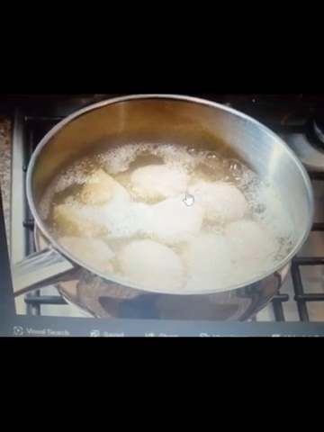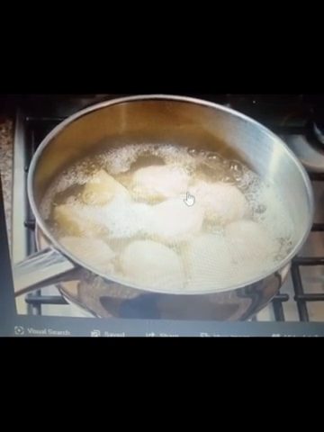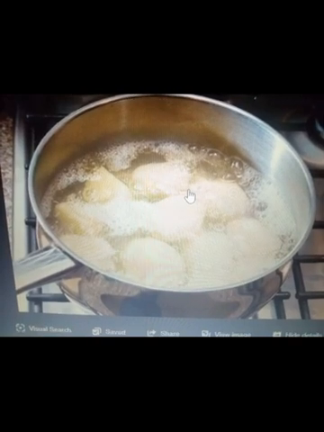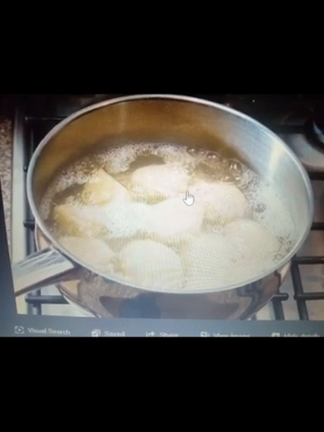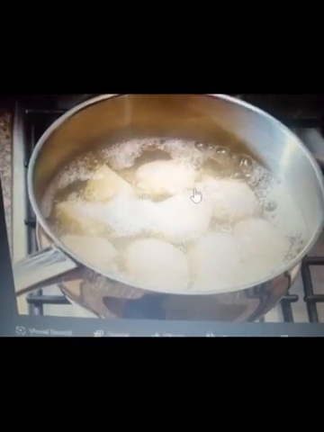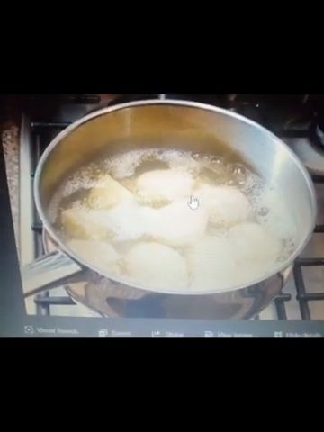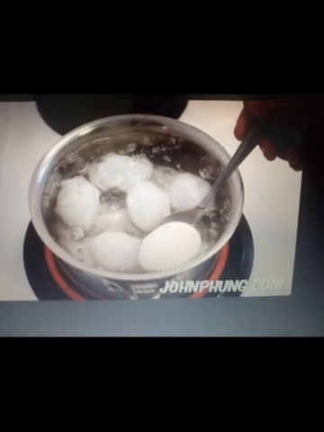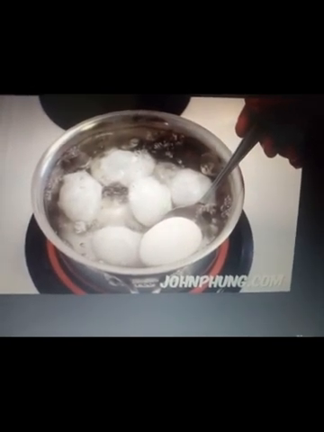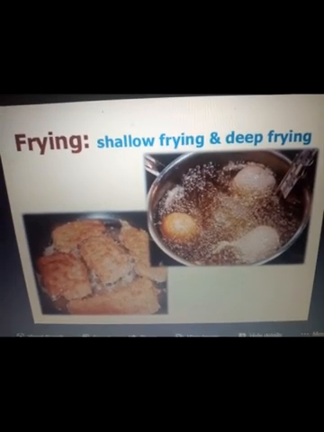See, potatoes are being boiled. You can see the bubbles because of the heated water. Boiling eggs. Second is frying.